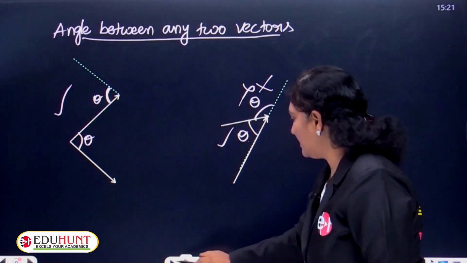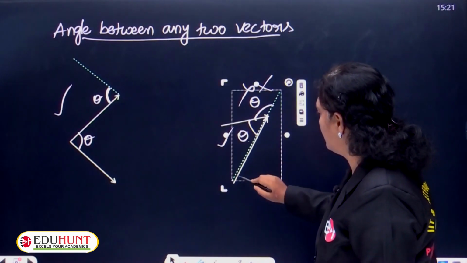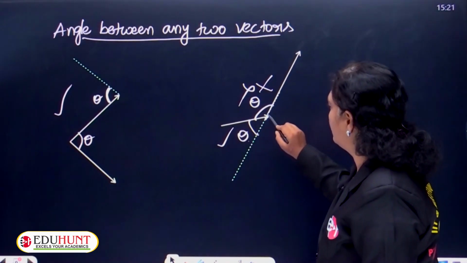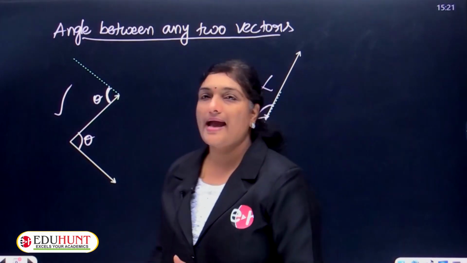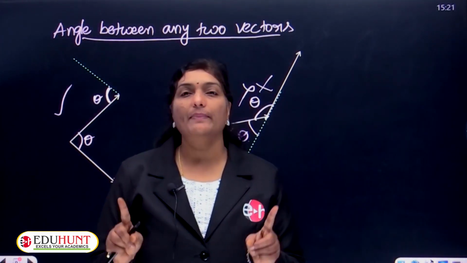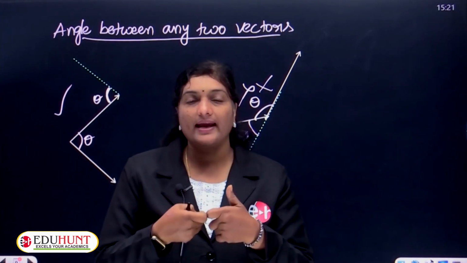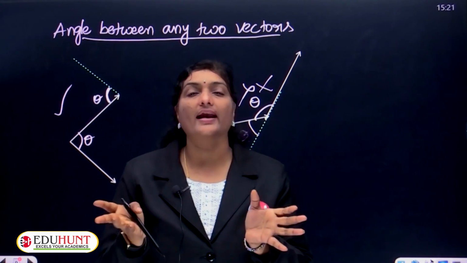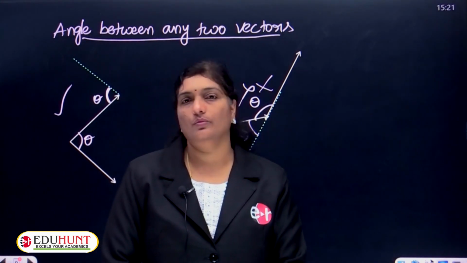But if it is joined here, this angle can be different. So, how to measure the angle between the two vectors? The angle between the two vectors can be measured if either the tail to tail or head to head is joined. The smaller angle between those two vectors will give you the angle between the two vectors.